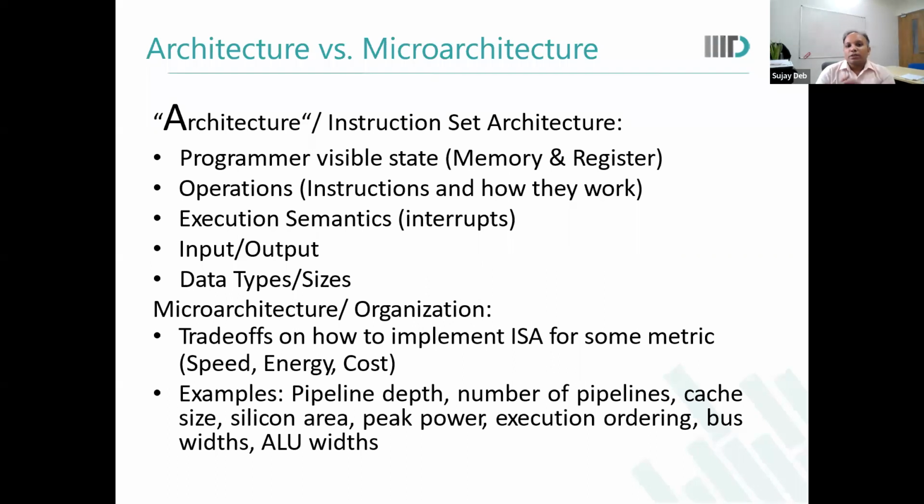So in instruction set architecture, at a very top level, it's basically an abstract layer which is provided to the software designer, the programmer, so that they can get some idea of what kind of facilities will be provided, so that their program can exploit that.